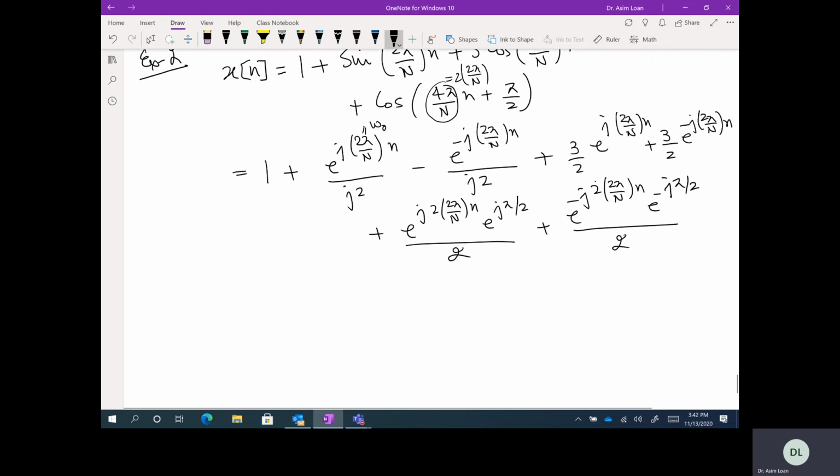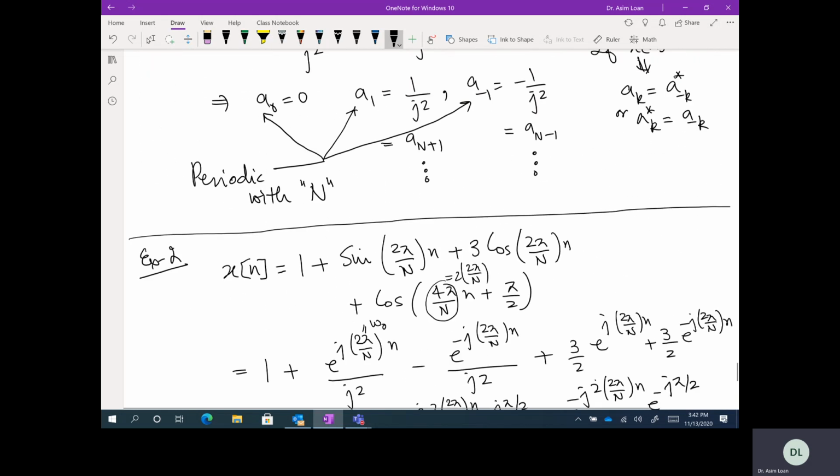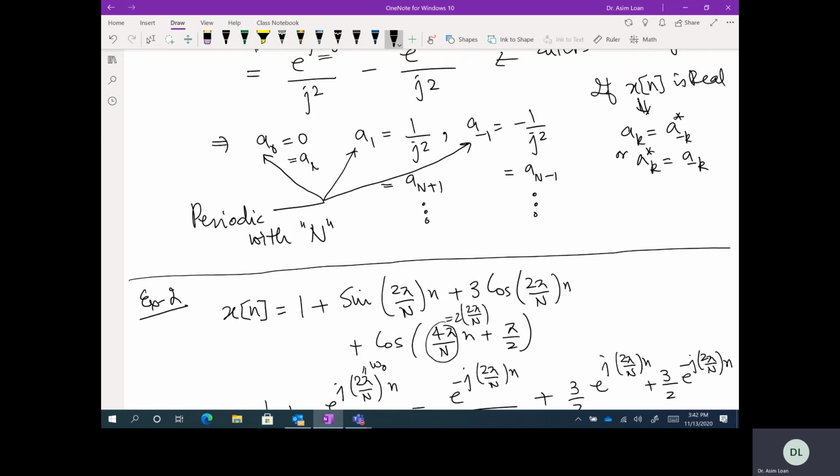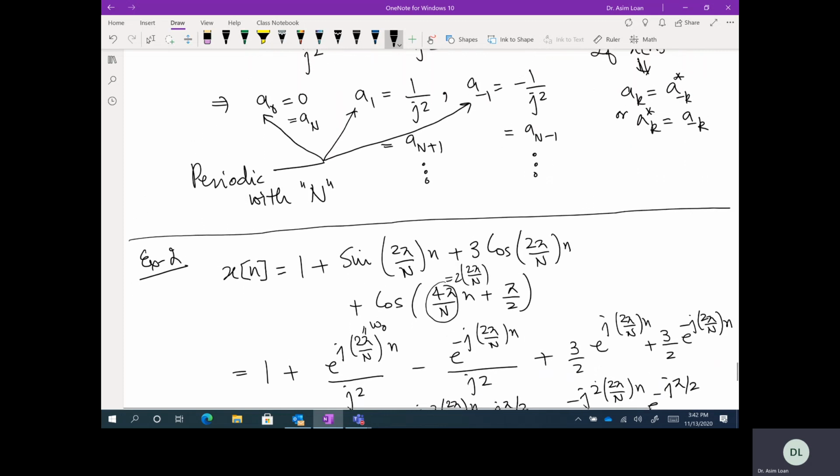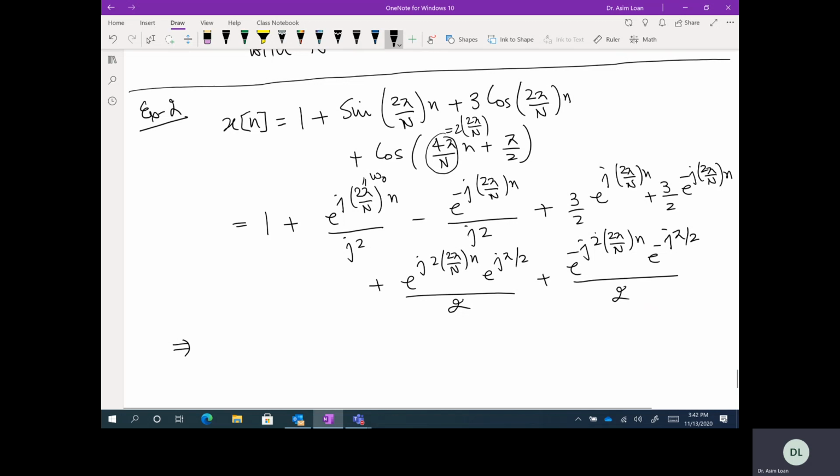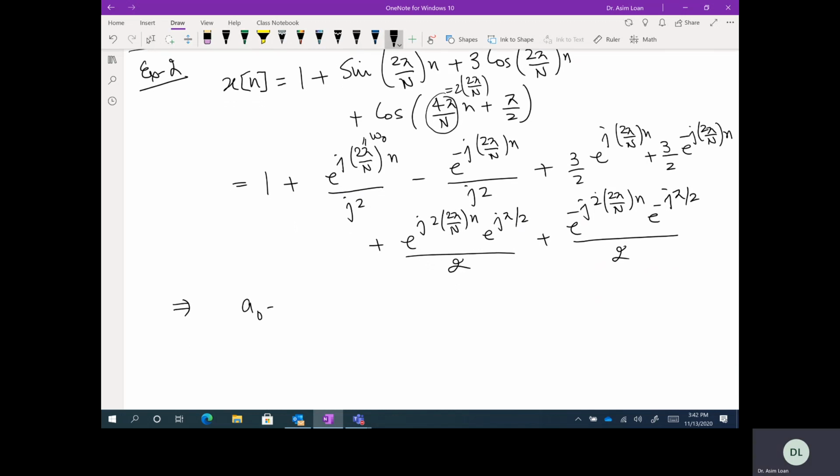So if I collect them, a naught equals a_N equals 1, and obviously a_2N and so on and so forth. And a1 equals a_{N+1}, and so on, which is equal to 1 over j2 plus 3 over 2.